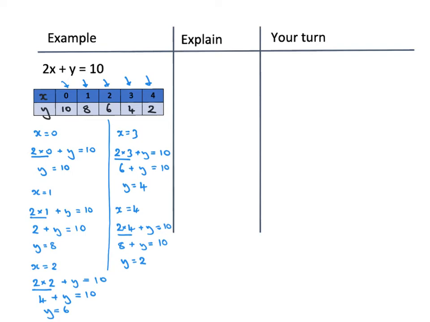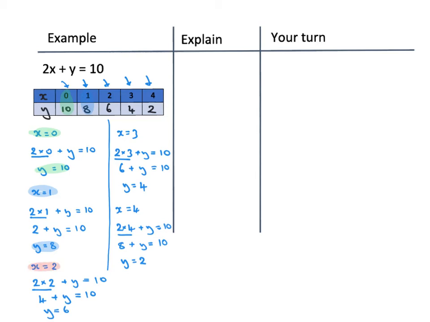To make it clear where those values came from, we'll just highlight those pairs. So when x equals 0, y equals 10. And you can see 0 and 10 in the table. When x equals 1, y equals 8. And you can see that in the next column.